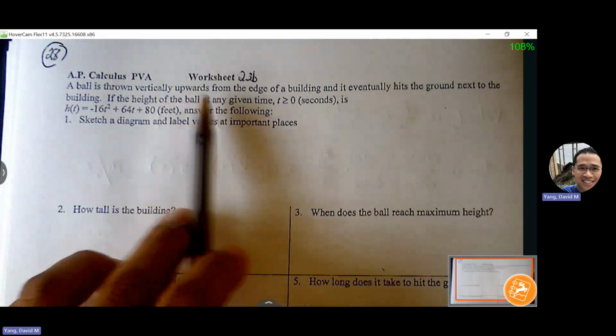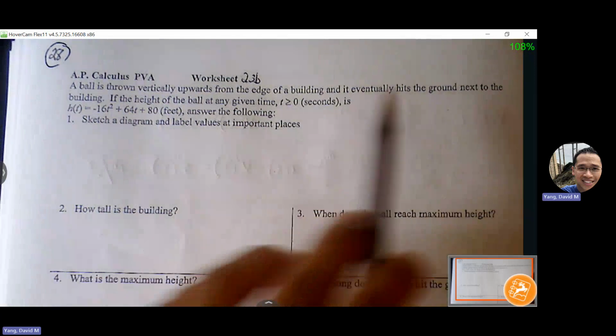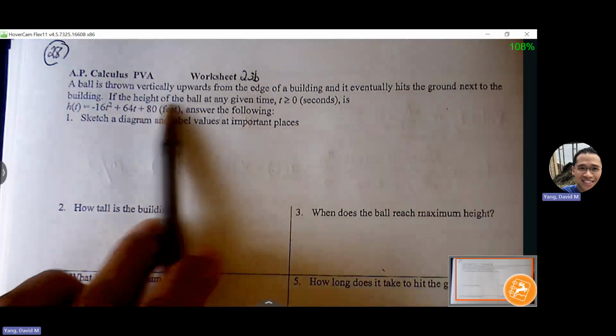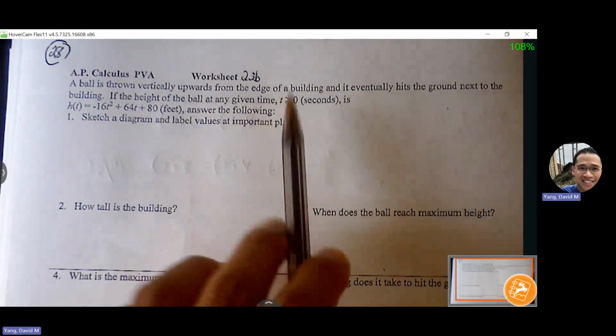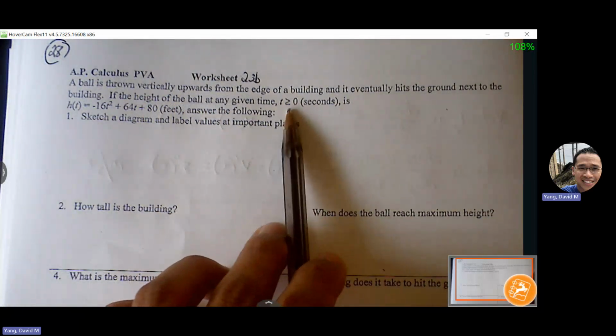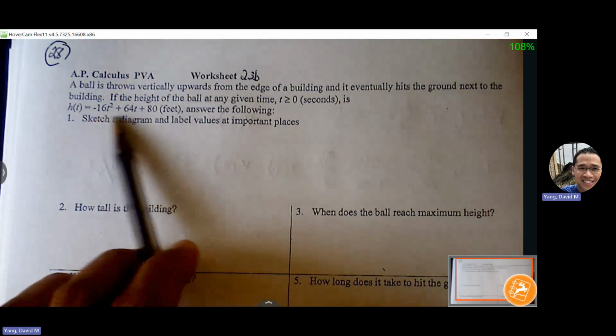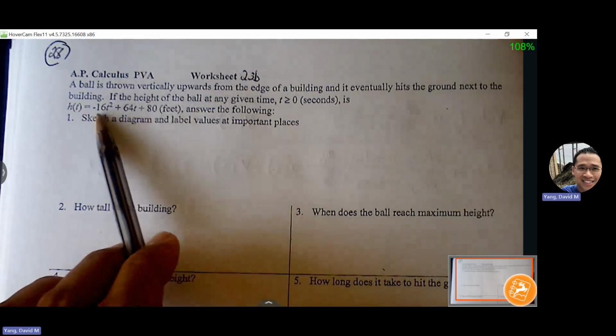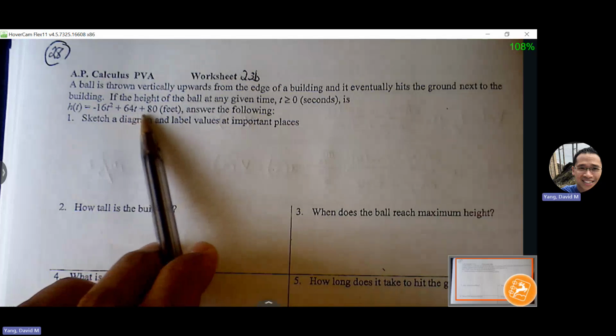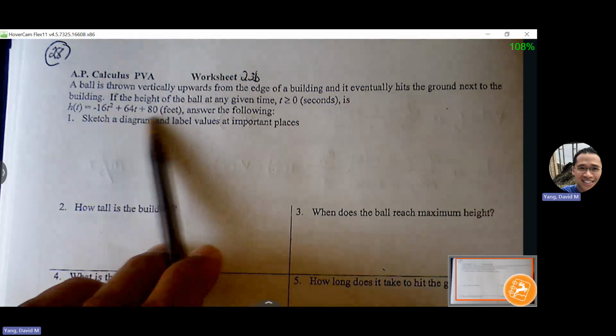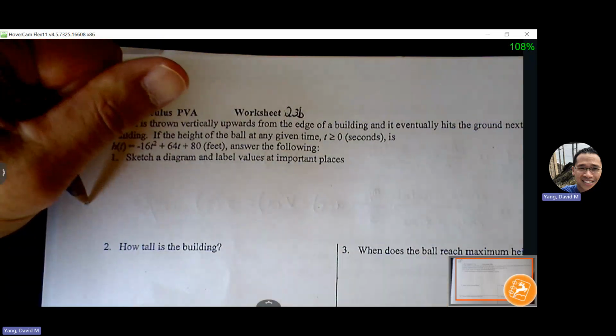A ball is thrown vertically upward from the edge of a building, and it eventually hits the ground next to the building. The height of the ball at time t is given, and we're only counting time greater than or equal to 0, because we only start the timer after the ball is thrown up in the air. The h of t represents the height of the ball at any moment in time. So we're given that equation here.